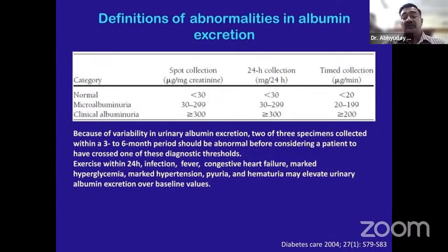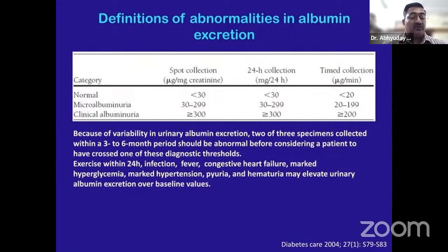And since there are a lot of factors which have been shown to affect urinary albumin excretion, there is a lot of variability. 2 or 3 samples should be interpreted within a span of 3 to 6 months before labeling it as abnormal. And what are the factors which affect the albuminuria?